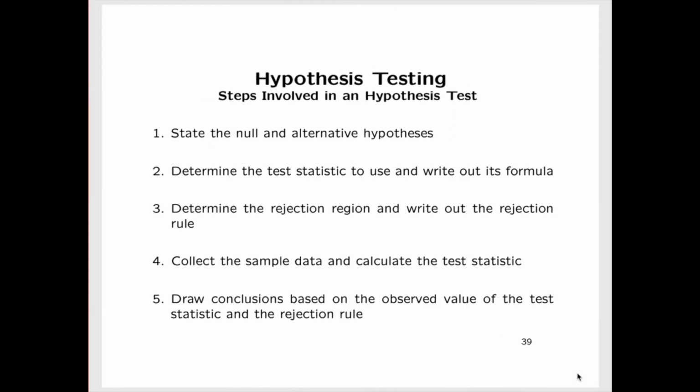And so the steps involved in a hypothesis test. Number one, we state the null and alternative hypotheses. Number two, we determine the appropriate test statistic to use and write out its formula. Number three, we determine the rejection region and write out the rejection rule. Steps 1, 2, 3 can be done without having data.